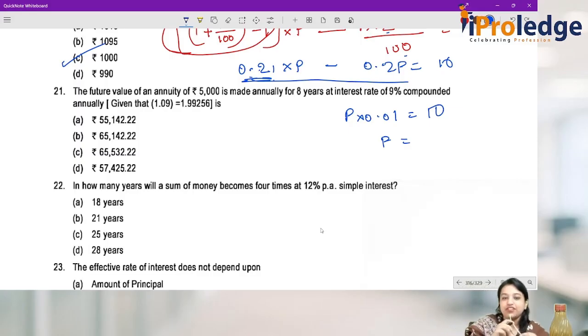So you have to find out the future value. So 5,000 annuity for 8 years, 9% annually.